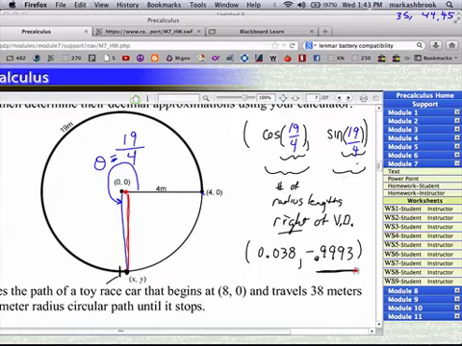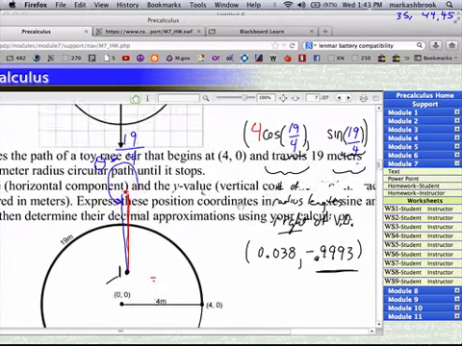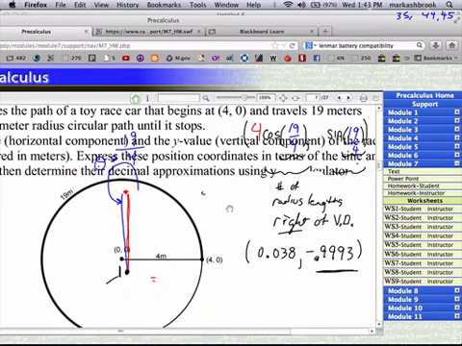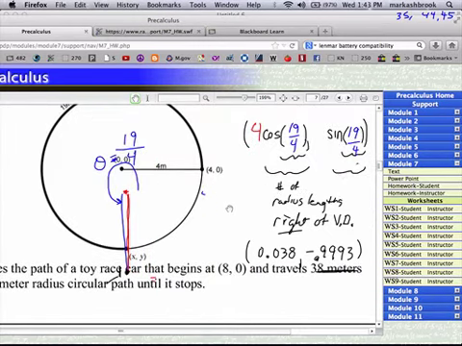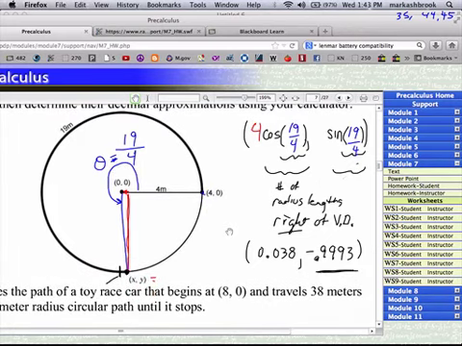But they wanted those coordinates in meters. So if this is the number of radius lengths, how do we get how many meters it is to the right? We're just going to multiply it by 4. If each radius is 4, and we multiply by the number of radius lengths, we'll get the number of meters.